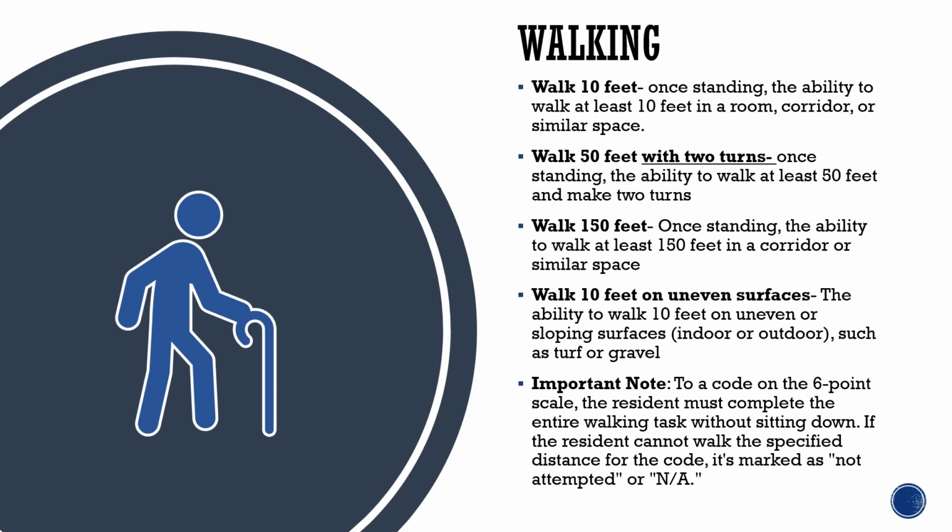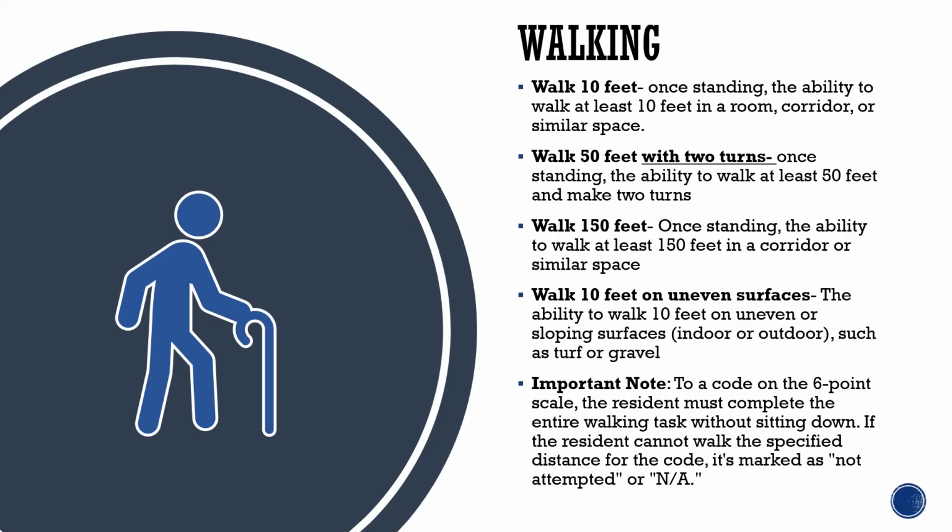Walk 10 feet is, once standing, the ability to walk at least 10 feet in a room, corridor, or similar space. Walk 50 feet is with 2 turns. The resident must be able to make 2 90-degree turns with walking 50 feet and 2 turns.